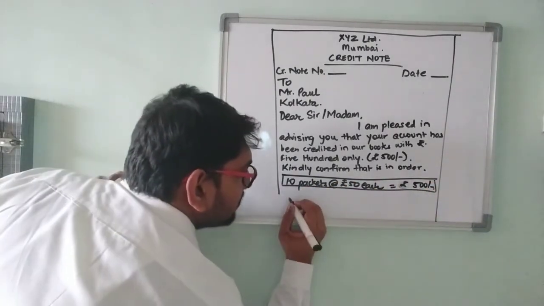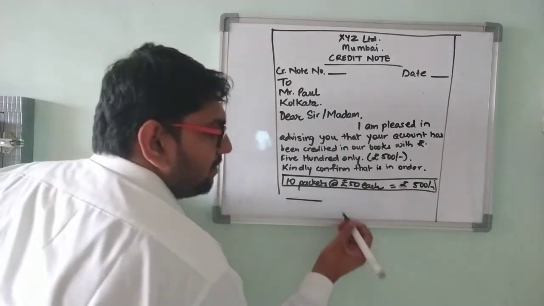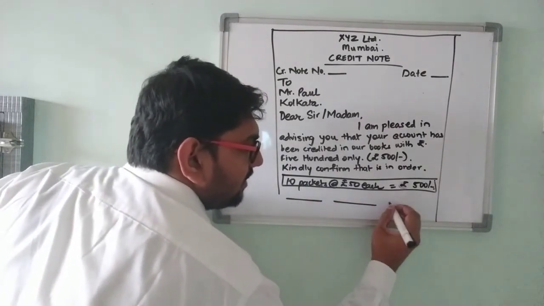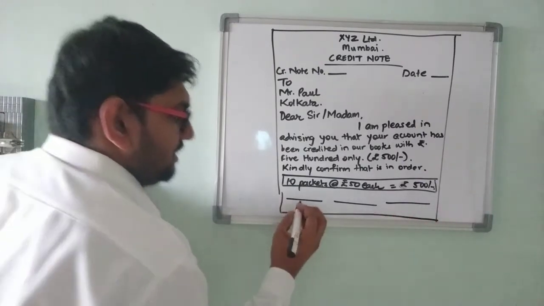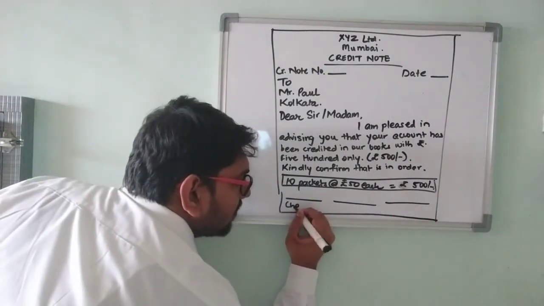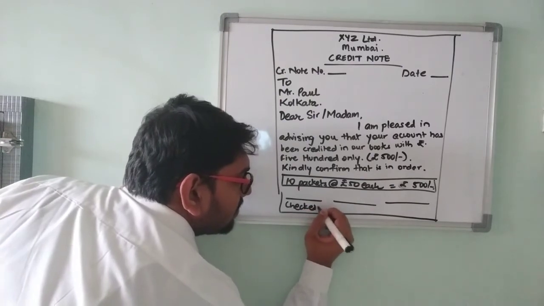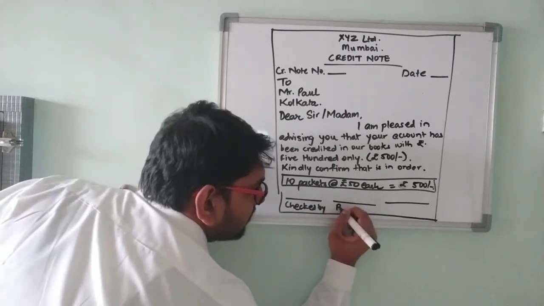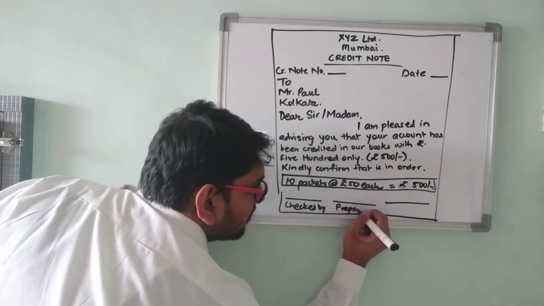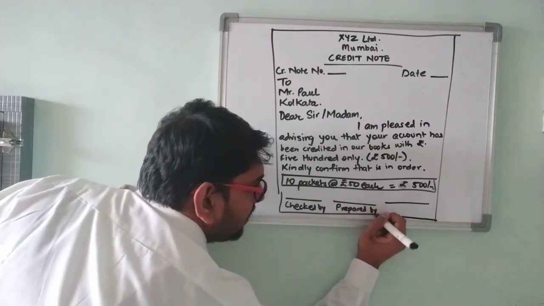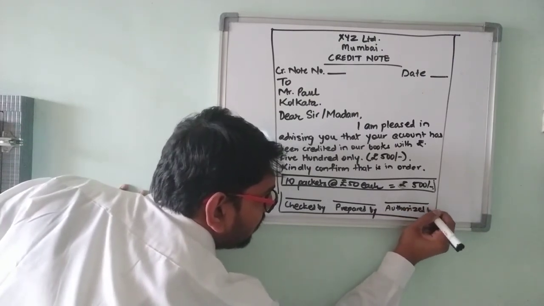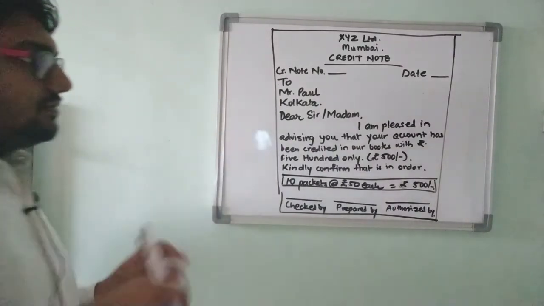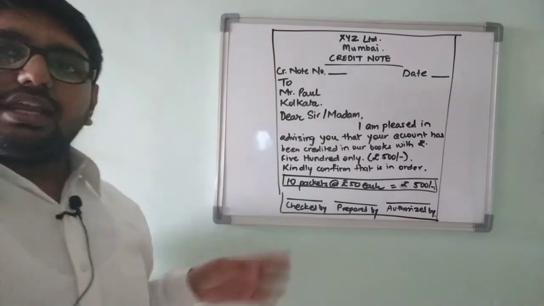And then checked by, prepared by, authorized by, and I will close it. Checked by, prepared by, authorized by. And that is how you create a credit note.